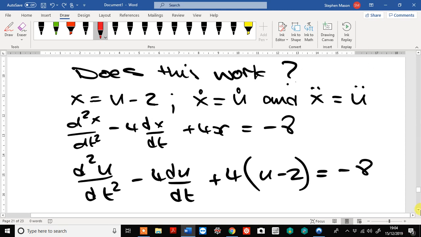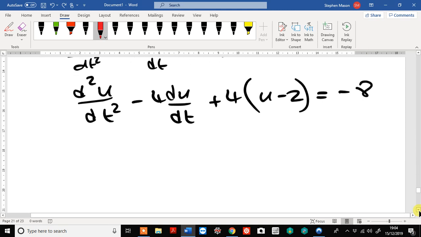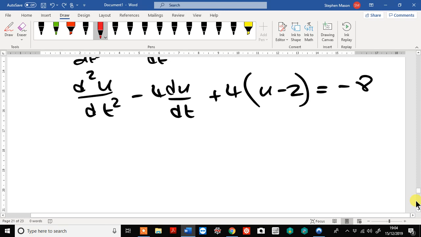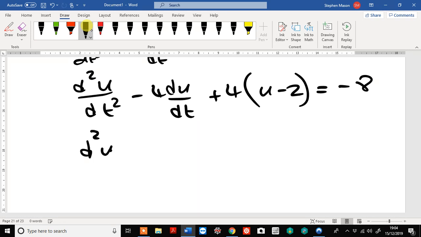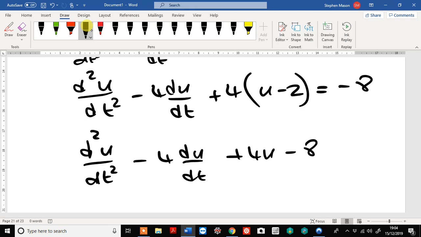So we want to simplify this equation that we've got. What we get is d squared u by dt squared minus 4 du by dt plus 4u minus 8 equals minus 8.